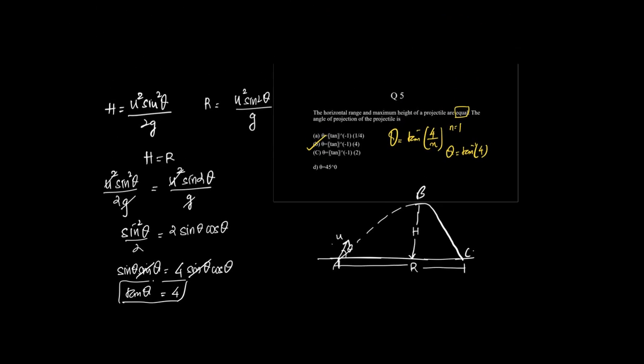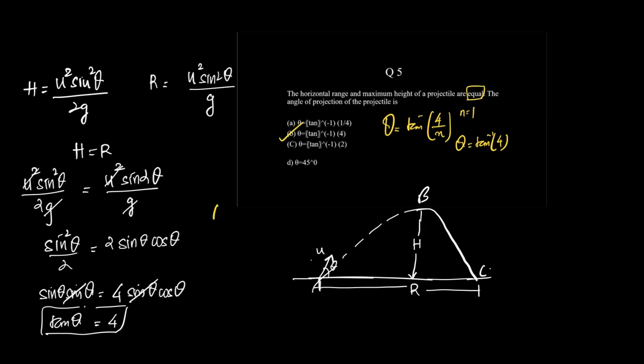Okay, so when we say tan theta is equal to 4, what we need to understand is theta is equal to tan inverse 4, and this value comes somewhere around 75 degrees. Well, it's actually 75 degrees and 58 minutes.